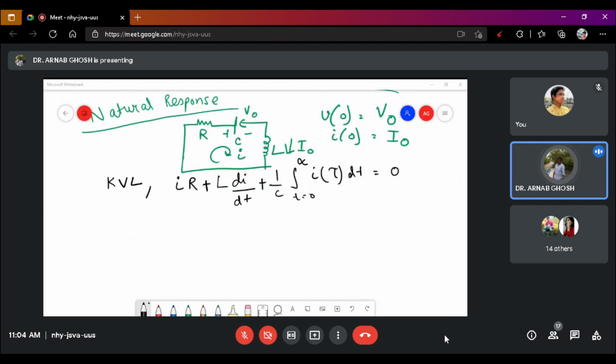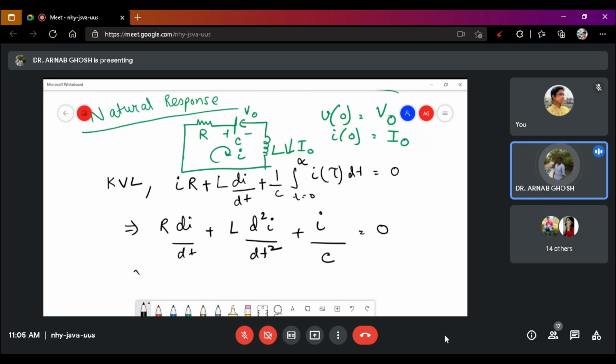Okay, so next what we are doing? We are eliminating this integral. So what is this becoming? We can write this as R di by dt plus L d2I by dt square plus I by C. This is equal to 0.